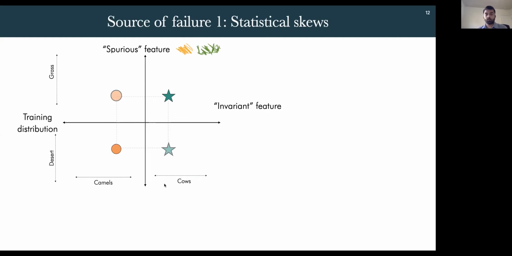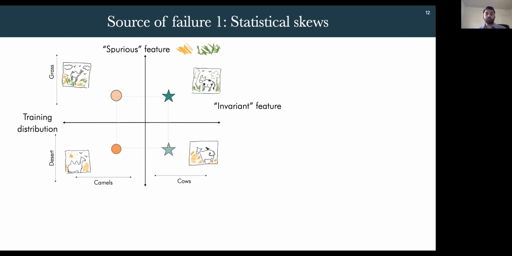These 4 points correspond to the 4 different types of data points that you see in the cow-camel classification task. In particular, along the first quadrant and the third quadrant, I have a majority of the data points. And these are the cows and camels in the correct background.